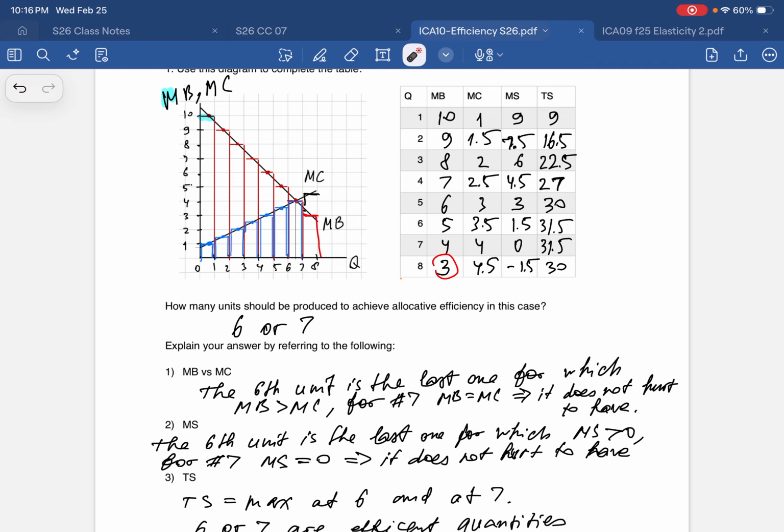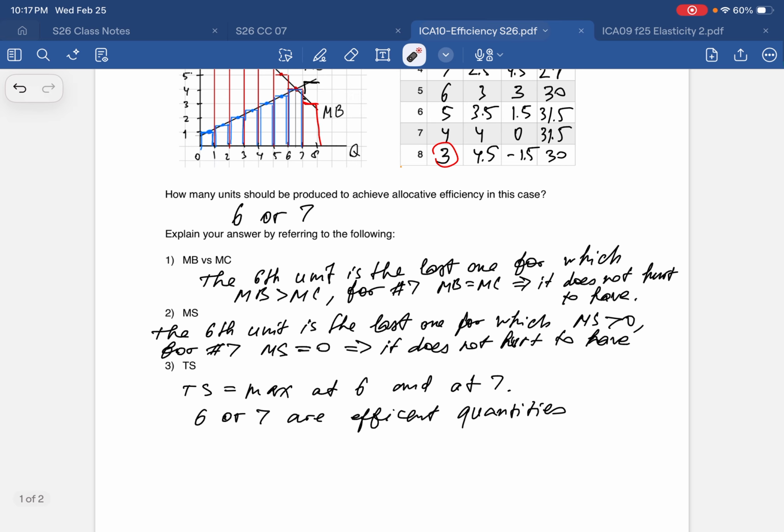I mean, it completely doesn't matter whether you add it or not. So 6 is fine and 7 is just as fine, because they both give you exactly the same outcome, especially if you look at total surplus, they're the same. So, interesting twist again. So 6 or 7 is fine.